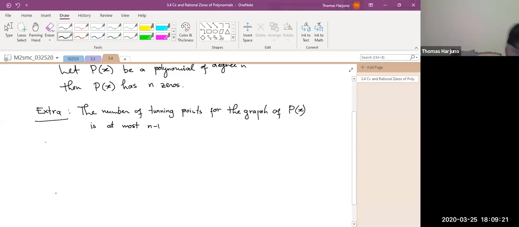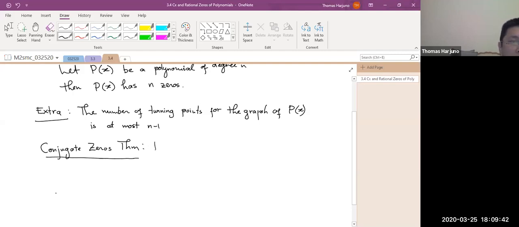The next theorem, the conjugate zeros theorem. Some textbooks or some lecture videos I saw call it the conjugate pair theorem.